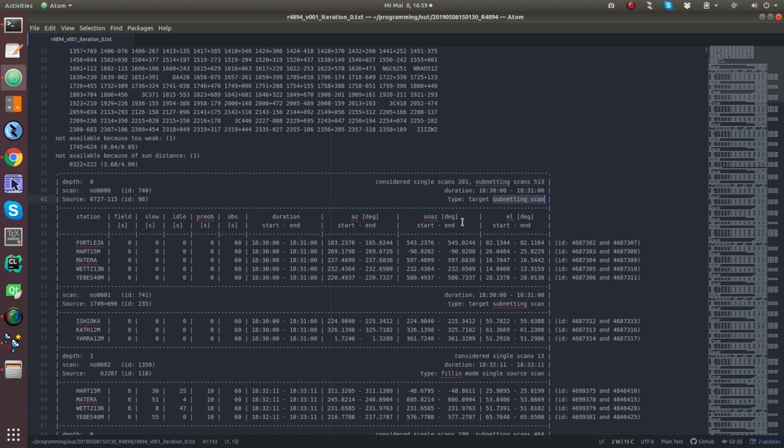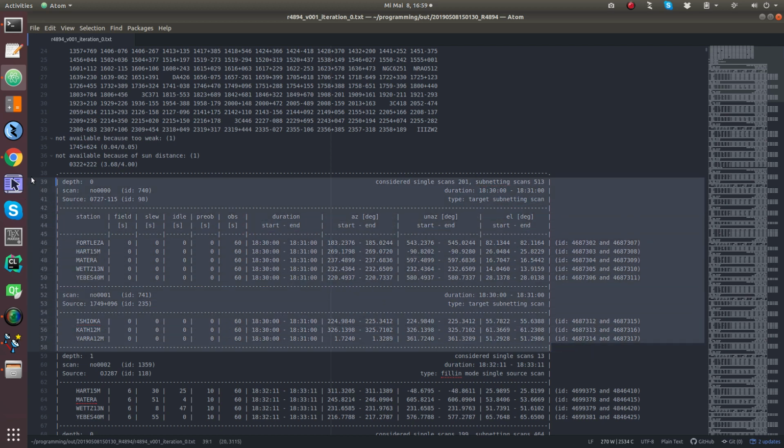You can see it here, and the highest score was by 5 stations observing this source 0727 minus 115 and 3 stations observing this source here 1749 plus 096. So this was, based on the metrics and the weight factors I was using, the highest scoring combination of scans.